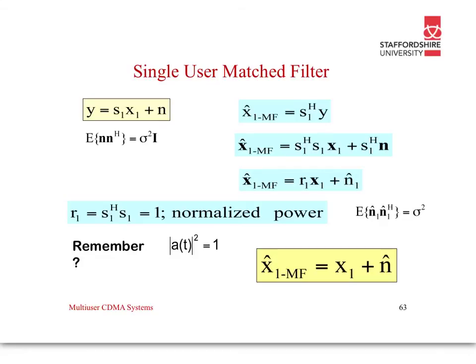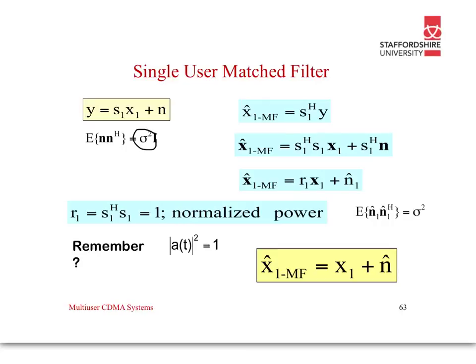We're saying that the expected value of our noise power is sigma squared. The output at the matched filter, we won't worry about this Hermitian, it's a mathematical term, but we can do this in MATLAB.